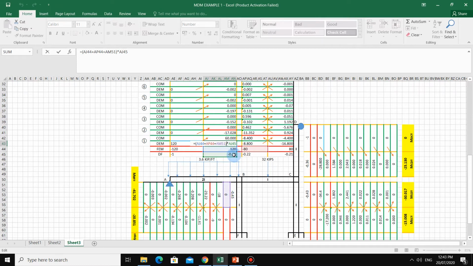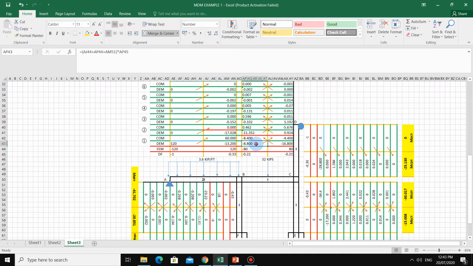Then times the distribution factor. So now this is the only difference, guys, no? Since you have these three members connected at B, so the three FEMs should also be considered.